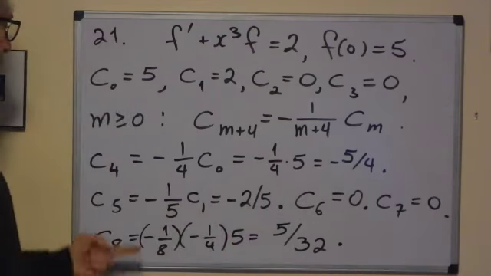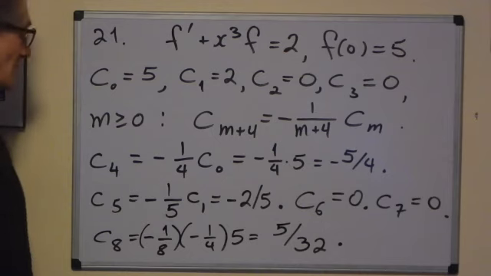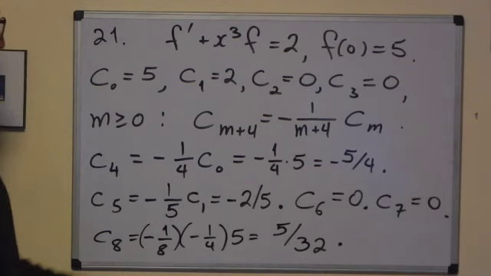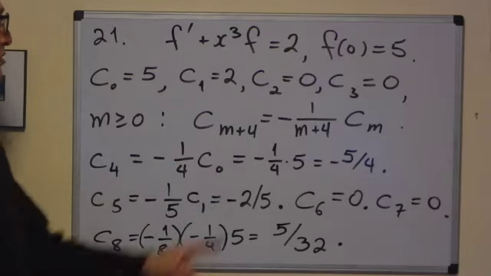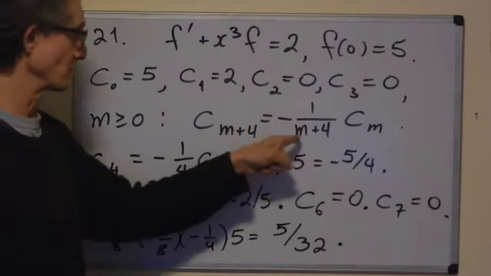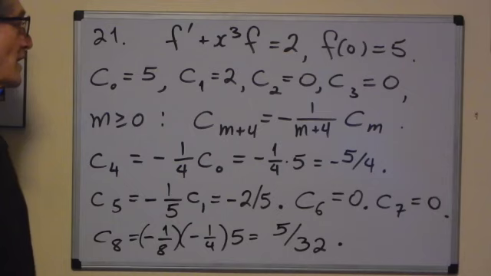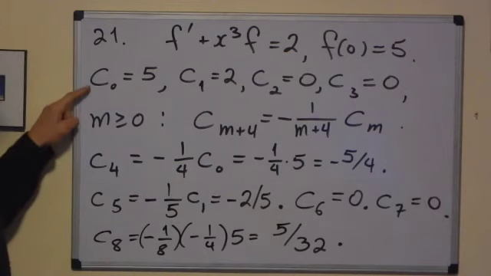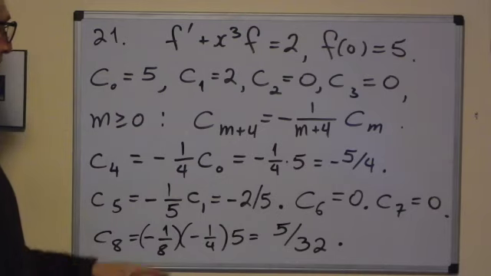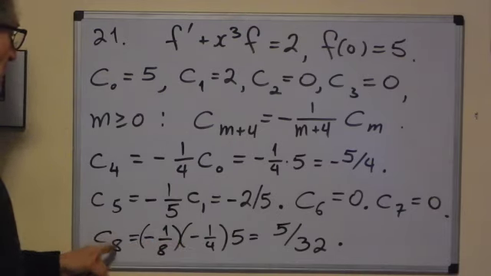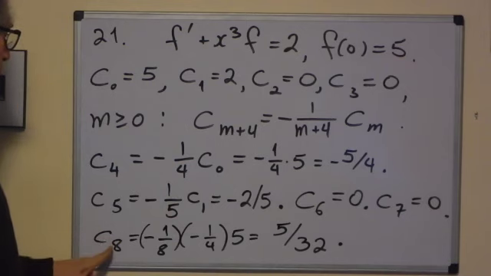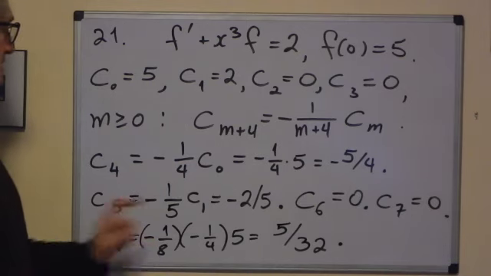Now, if you want to try to recognize a pattern, of course we can. Over here, every time m grows by 4, we're going to have minus 1 over another multiple of 4 in the denominator, and those are all going to be related to c0. If we have advanced from 0 twice, we're going to have 2 minus signs.